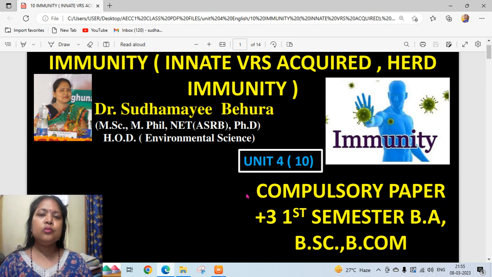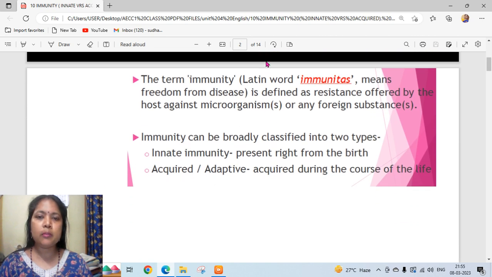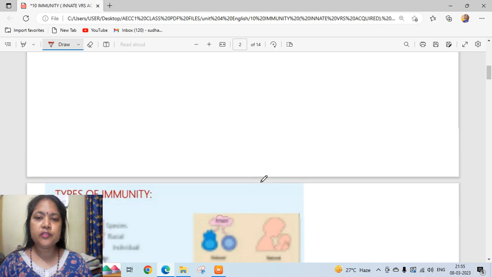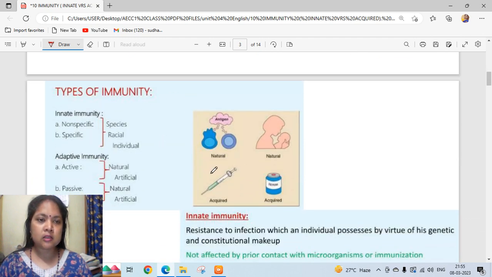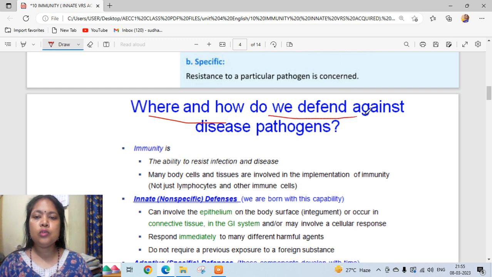Okay, so without any further delay, let us go to today's discussion. If you watch from first to last, till the end of this discussion, then you will be able to know what is immunity, or we can say the definition of immunity. Then secondly, the types of immunity. Then where and how we defend against disease pathogens.